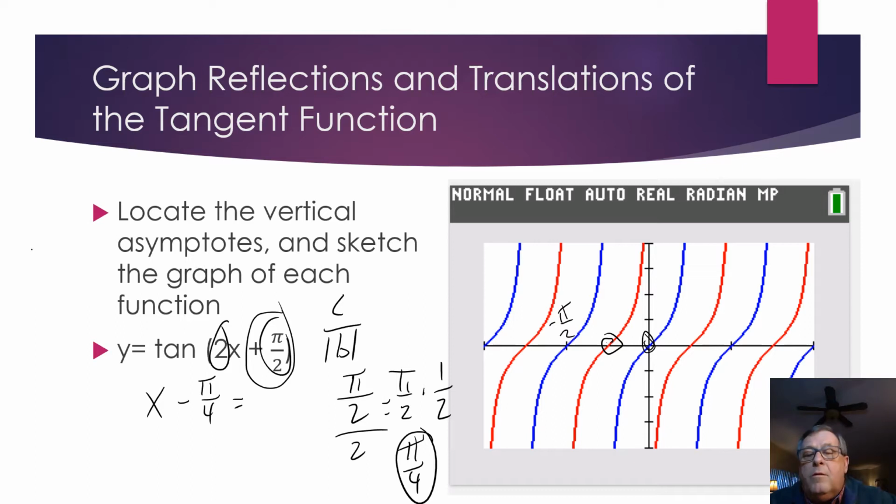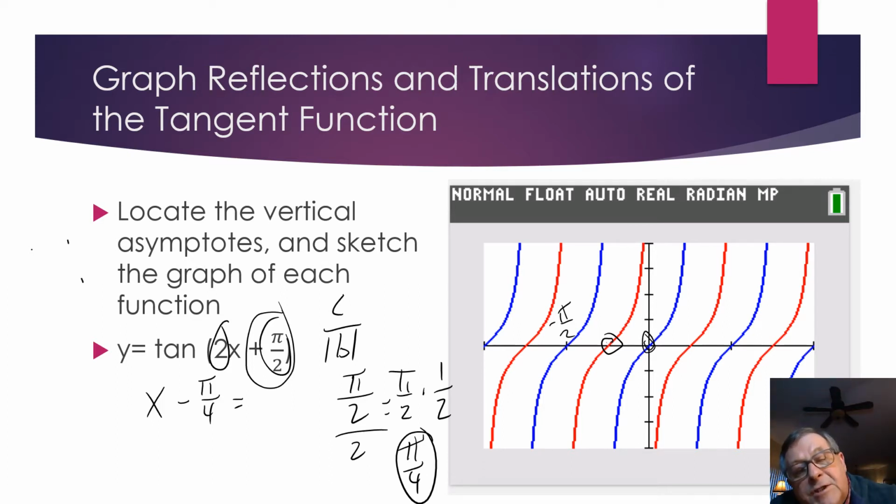Now, what's going on with my asymptotes? My period has not changed from when we had the tangent of 2x. My period is still going to be pi over 2 rather than pi, which it would be if I had no transformation at all, if I was just graphing the function. So let's set x equals negative pi over 4.